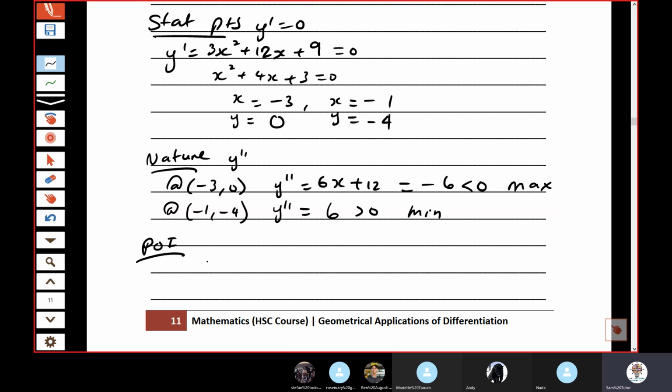We realized when we're trying to do nature, if y double dash was less than 0, it's a maximum. When y double dash was greater than 0, there was a minimum. What needed to happen right there? Y double dash needs to equal 0.